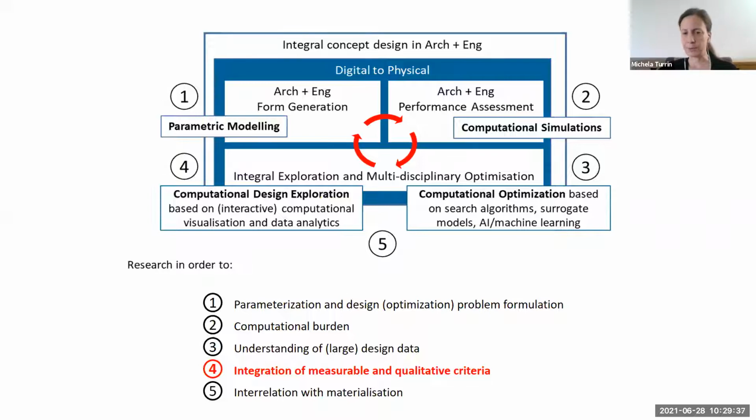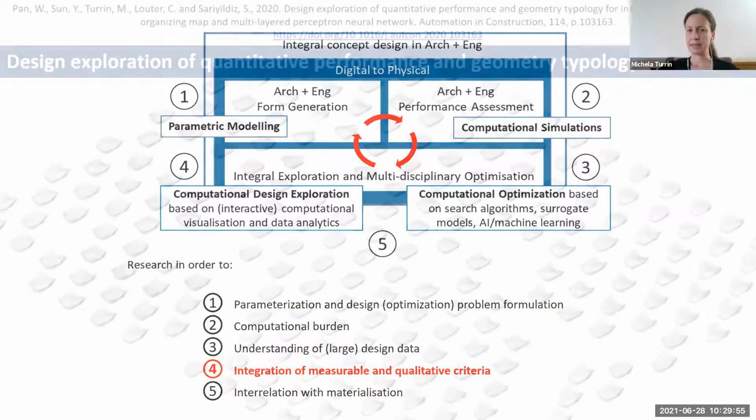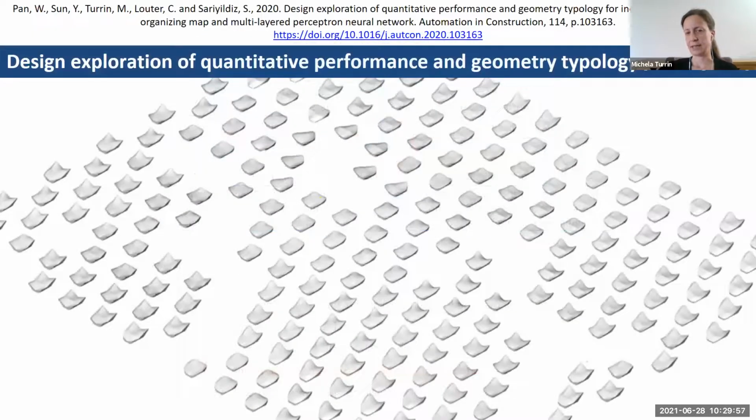Focusing a bit more in depth on the other 2 points. One deals with the integration of measurable versus qualitative criteria. This is something which I find extremely fascinating when we discuss collaborative workflows. There is always a challenge in combining.